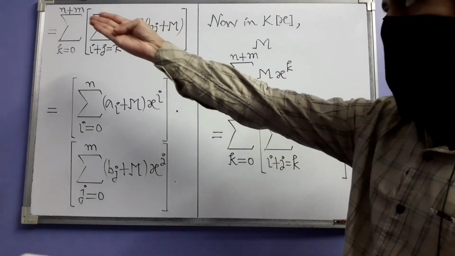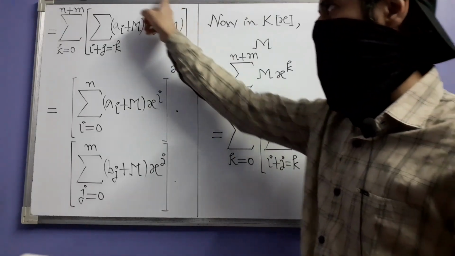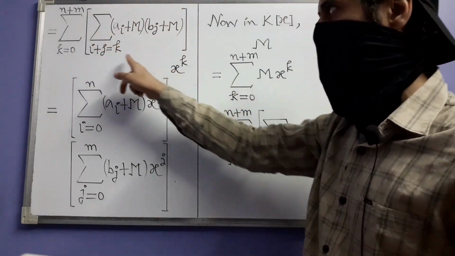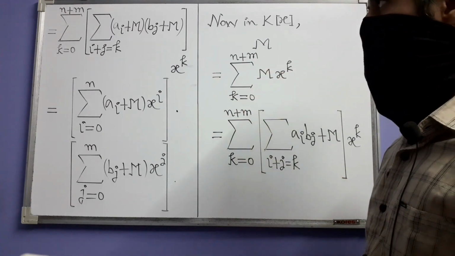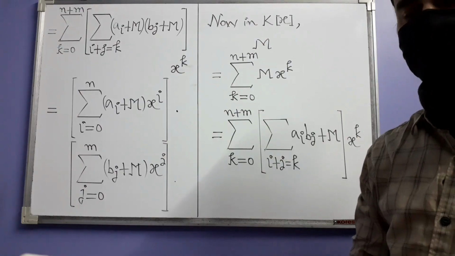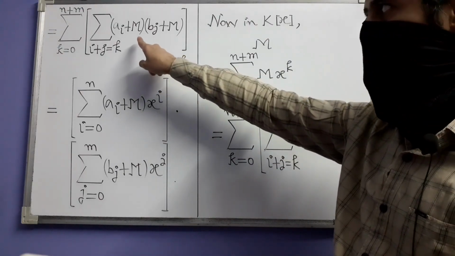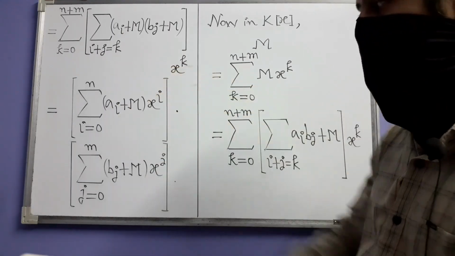Now you look at this entire thing. It's a polynomial, right? Where the coefficients are these terms within the square brackets. And if you look carefully, it is the product of these two polynomials, because it has precisely the form that it needs to have to be a product of two polynomials.